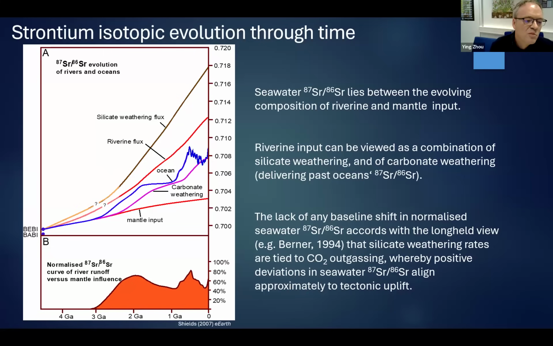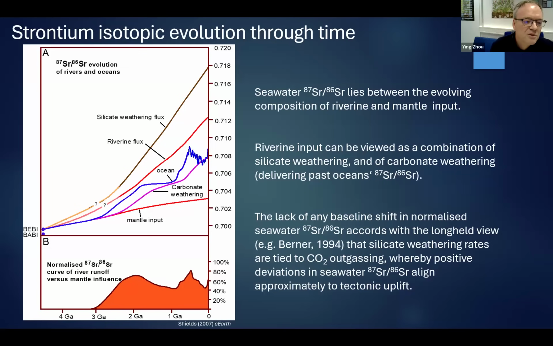If you normalize that, you can have an idealized curve of river runoff versus mantle influence. Basically, when the values are low, these are almost like supercontinent cycles. These are times of supercontinent tenure, so very low erosion rates, peneplanation, and then also rifting, so the exposure of volcanic rocks, which are unradiogenic.